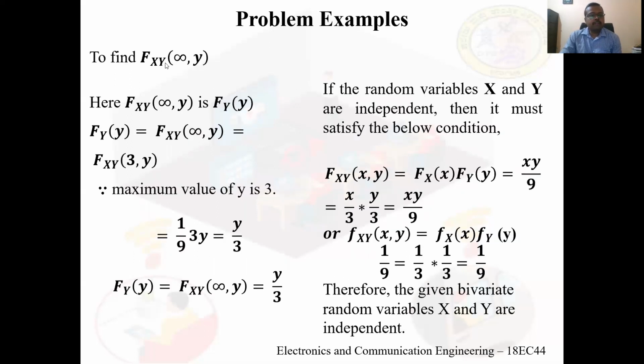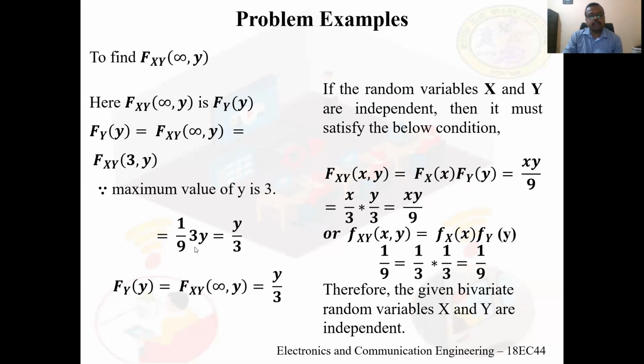Now, similarly for Fxy of infinity comma y. Now, x is infinity. How do you find it here? Here, it is lying between 0 to 3. So the maximum value we can have for x is 3 here. So we can have 1 by 9, 3y.